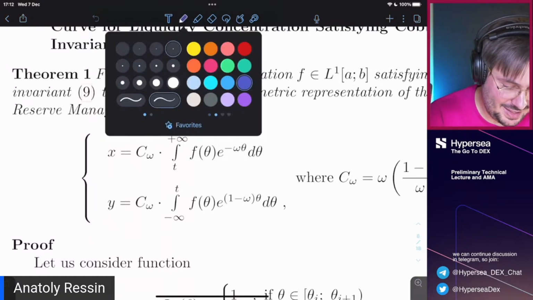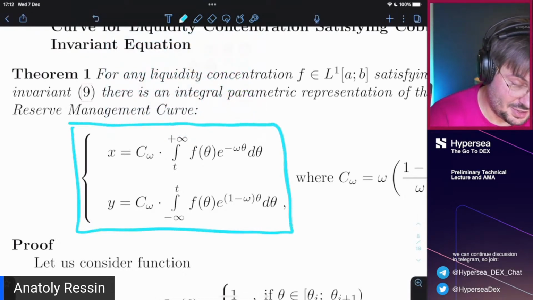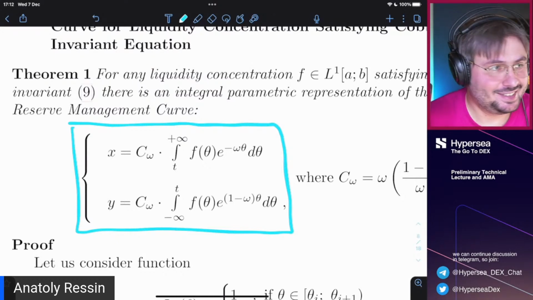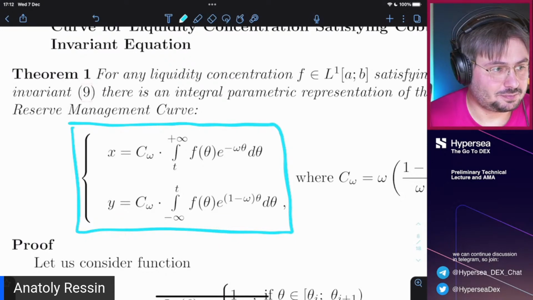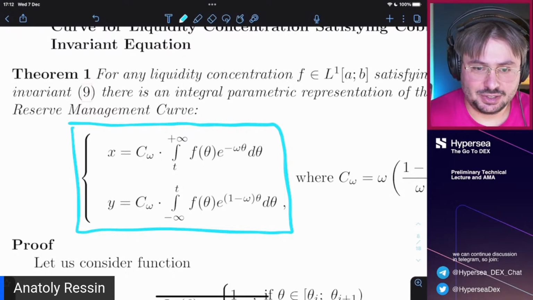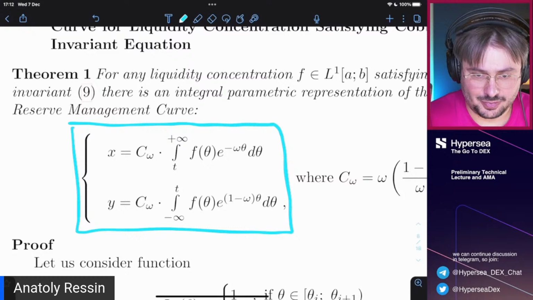So this equation actually allows us to transform any curve, any distribution of the liquidity, into a trading curve.